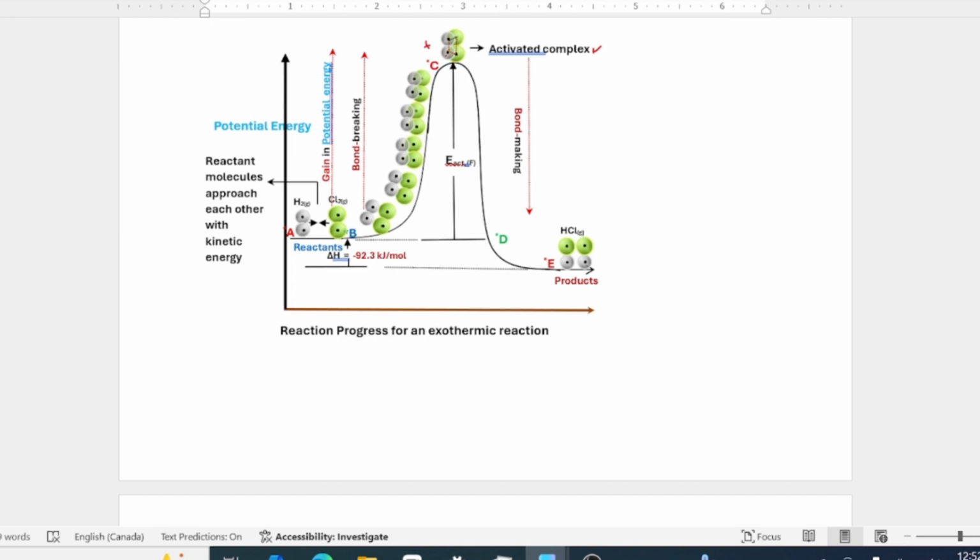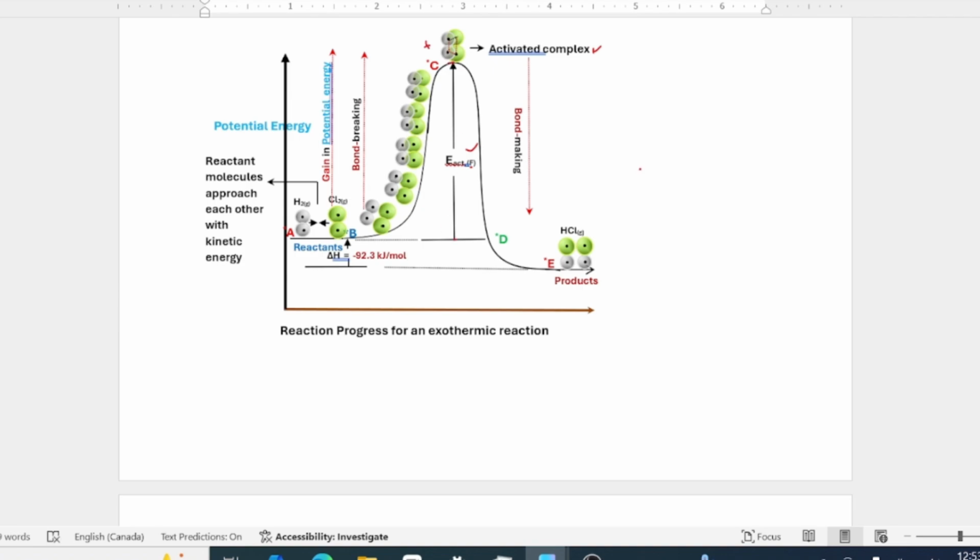It can reform the reactants, and in that case, all the potential energy gained will change back to the original kinetic energy of the molecules, or it can proceed to form the products. This amount of energy that is required for the reactants to form this activated complex is called the energy of activation for this forward reaction, and is represented by this line here.